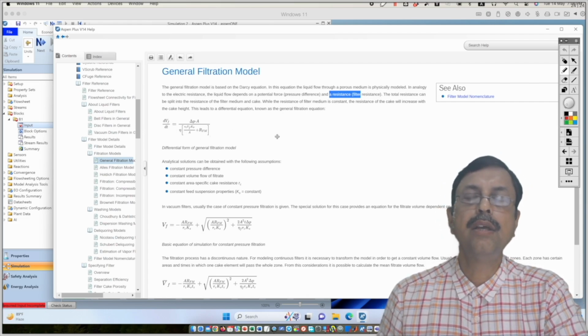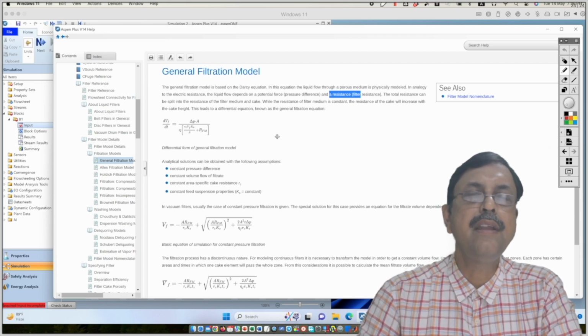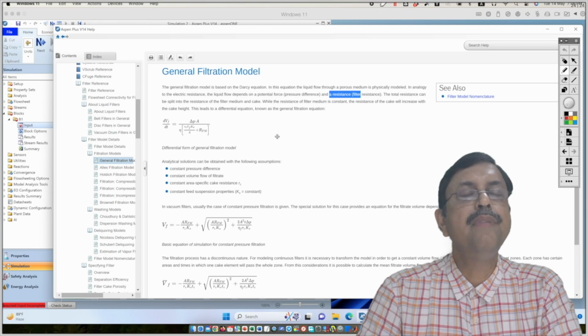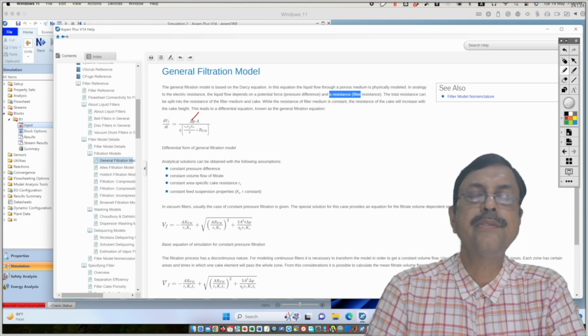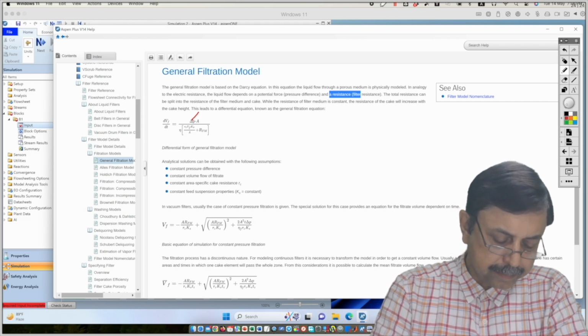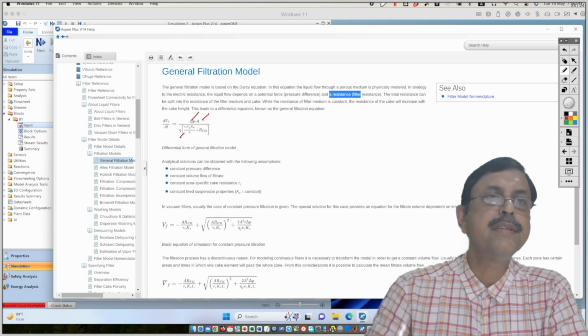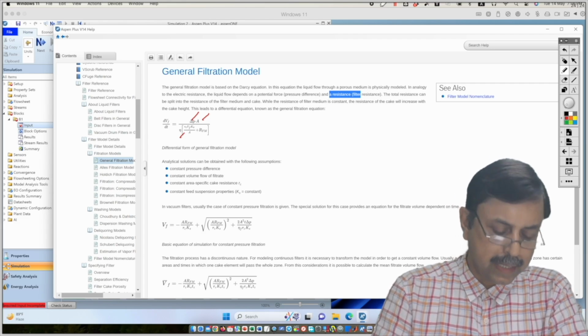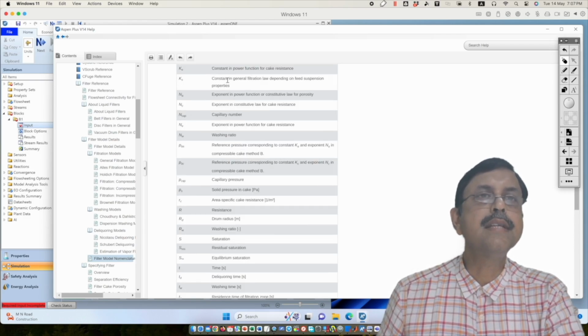Vf is the volumetric flow of the filtrate, that is the liquid that infiltrates through the filter medium. Delta P, this is the pressure drop across the filter media. A is the area of filtration, eta is the viscosity, and then RC, area specific cake resistance, and Ks is constant in general filtration law depending on feed suspension properties.